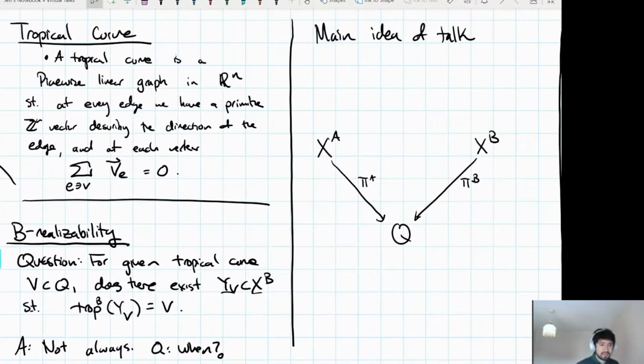So in the previous talk, we talked about how given an affine manifold Q, we can produce an algebraic space XB. In this case, it'll be this Novikov algebraic torus.